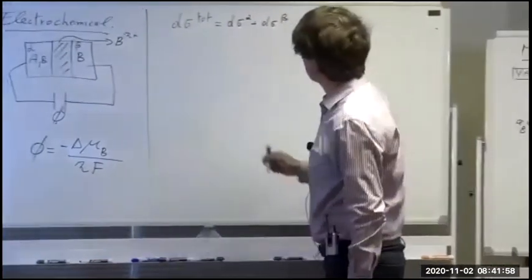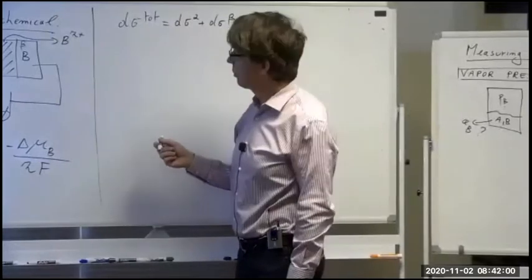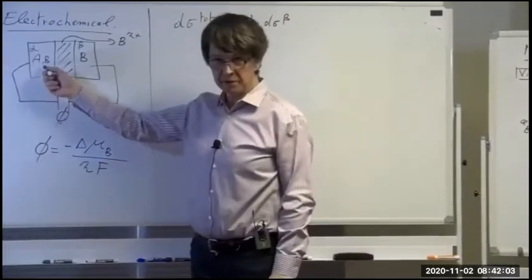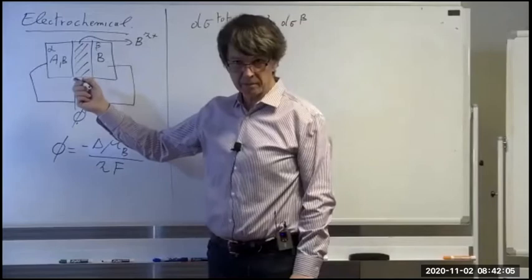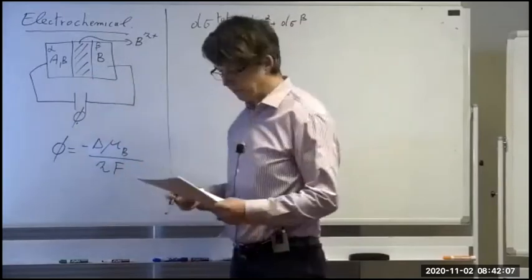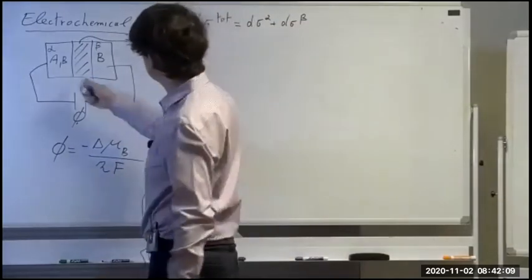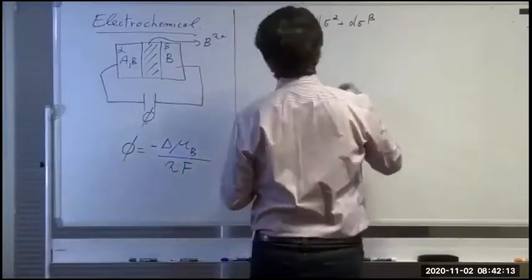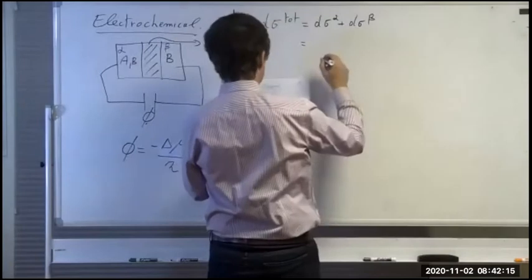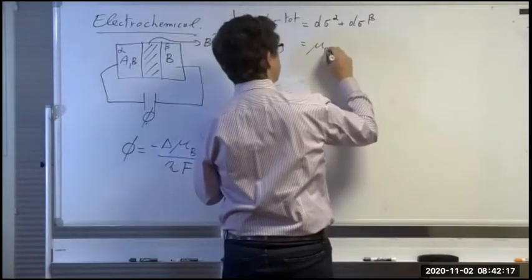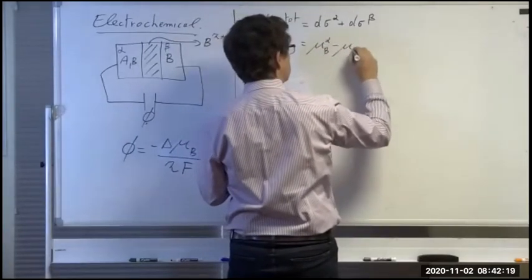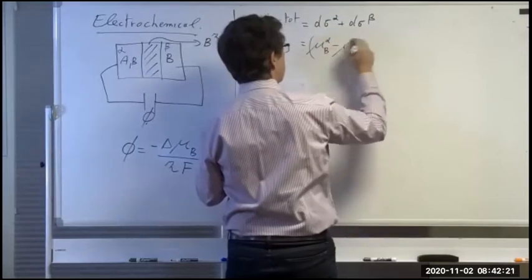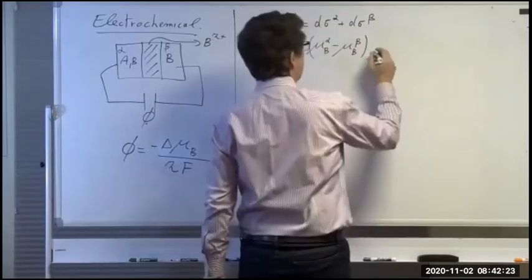And as always, I'm going to look at the variations in each of the phases separately, and then see what couples them. In this case, I can move B between alpha and beta. So I'm going to get some term that's mu B alpha minus mu B beta as I move stuff from beta into alpha.